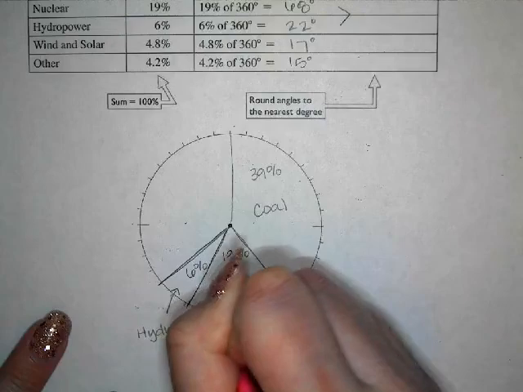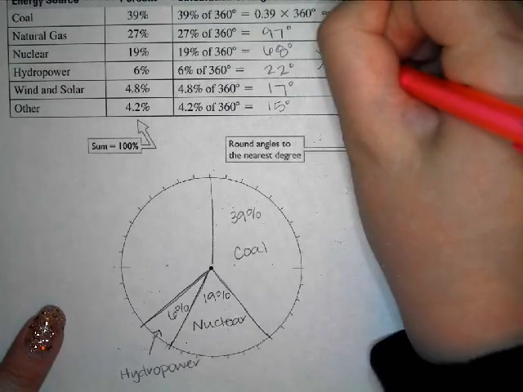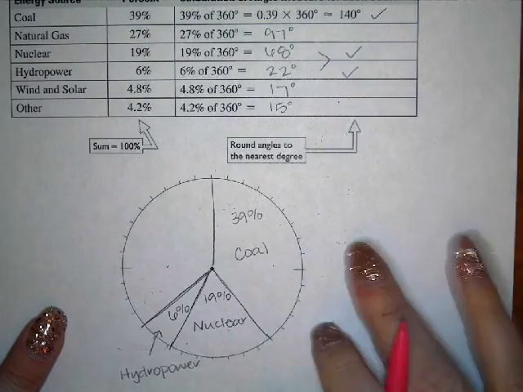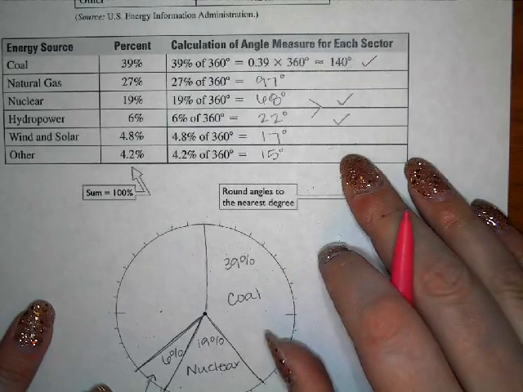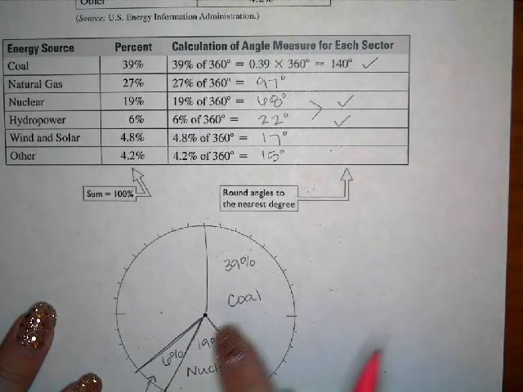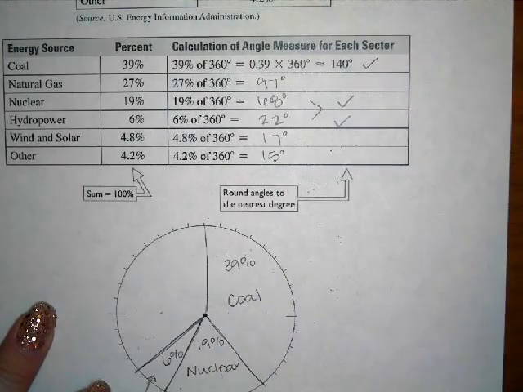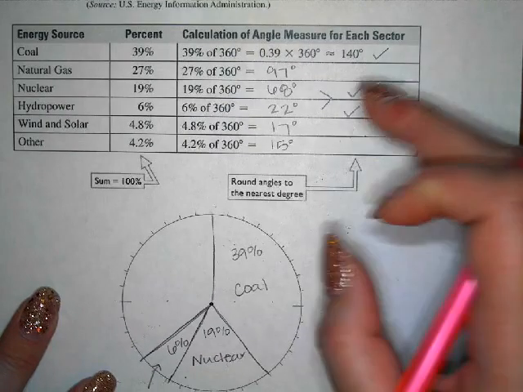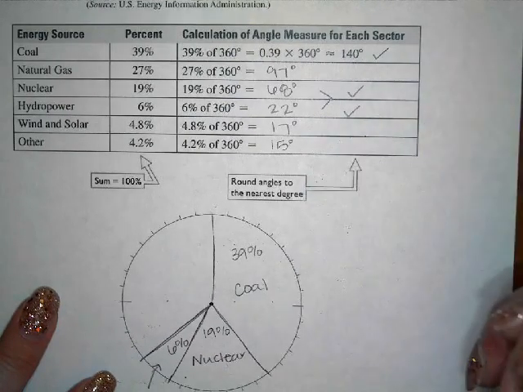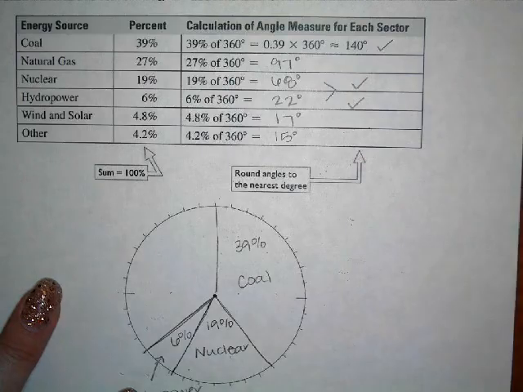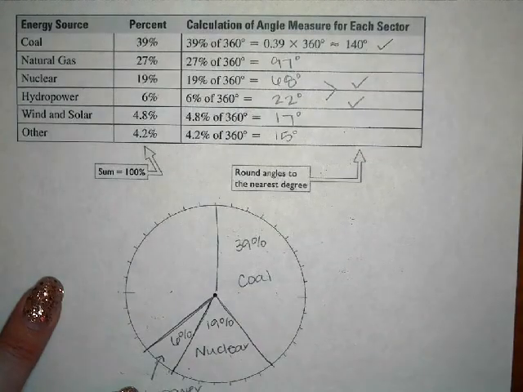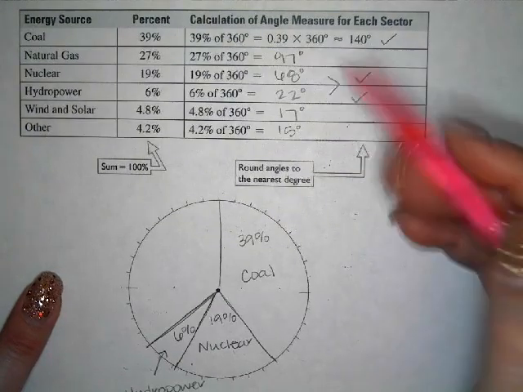Next, I have 97, 17, and 15 degrees. 97 might be the next easiest to draw. It's just a little bit less than 100. So I'm going to do 10, 20, 30, 40, 50, 60, 70, 80, 90. 97 is almost that whole thing.